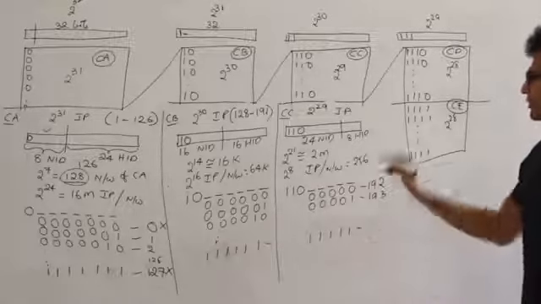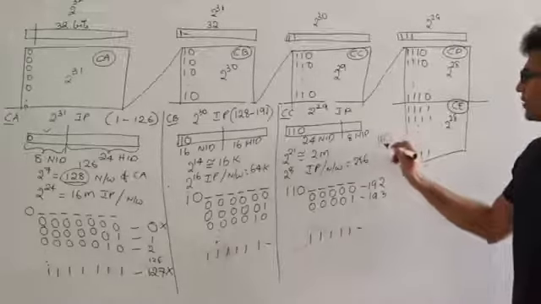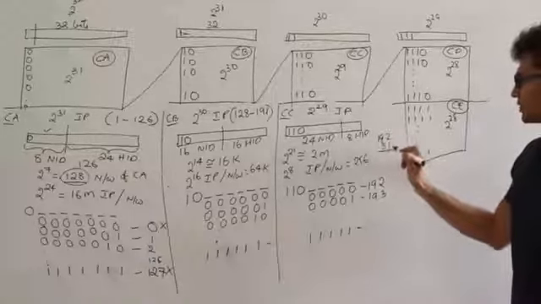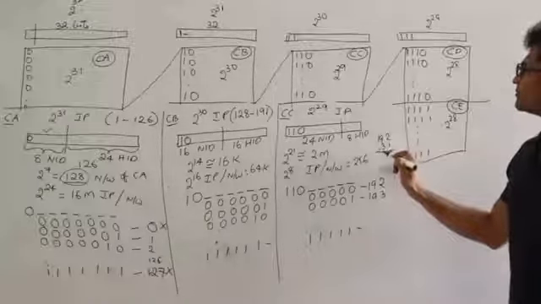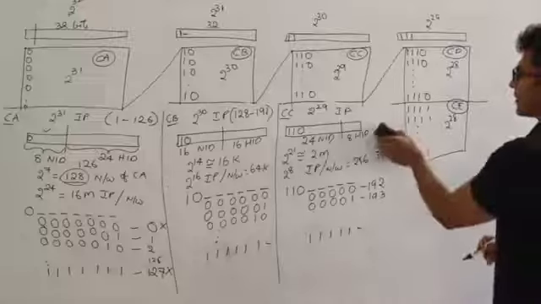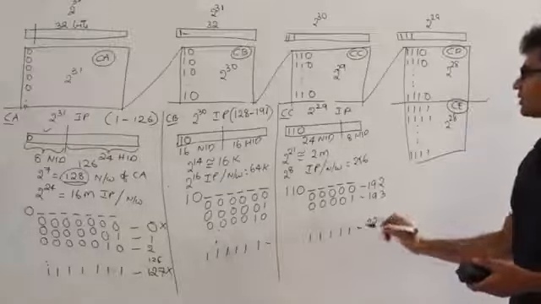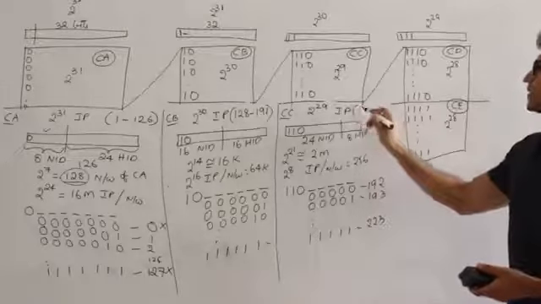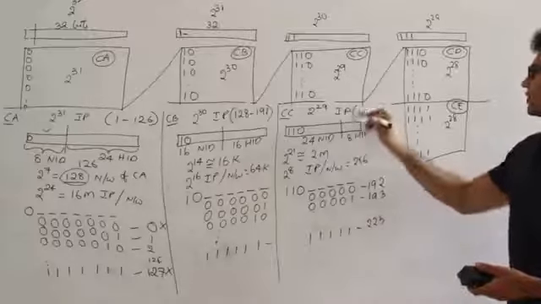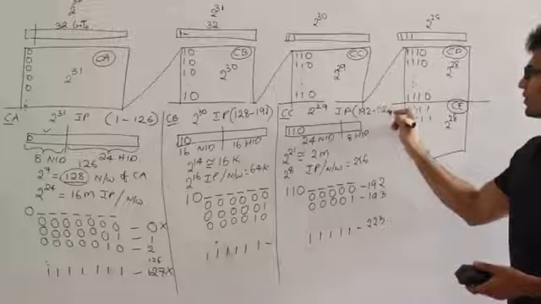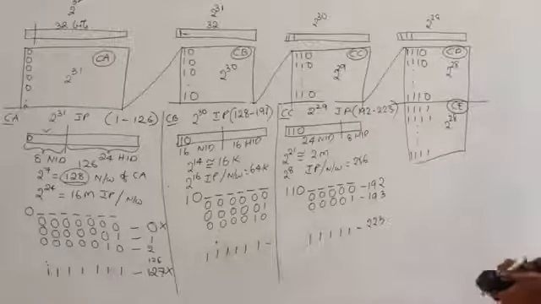Therefore, the last number will be 192 plus 31, which is nothing but 223. Therefore, the range of class C is 192 to 223, right?